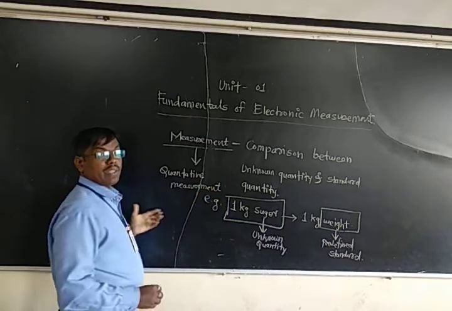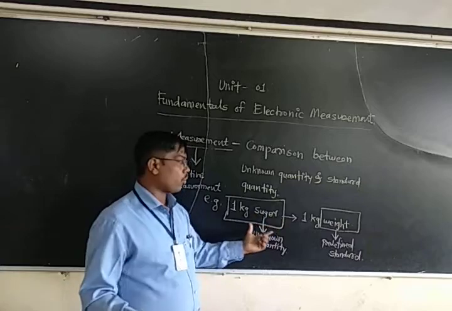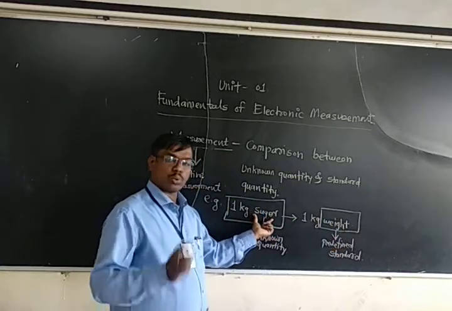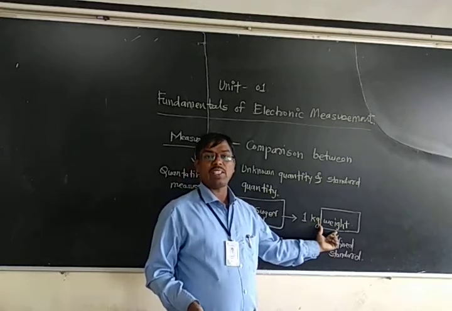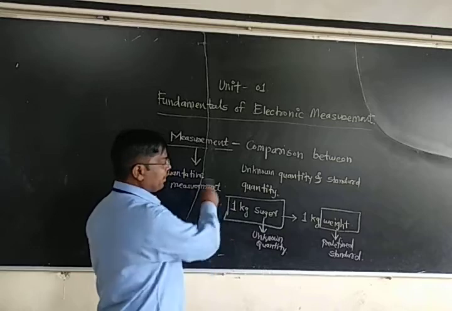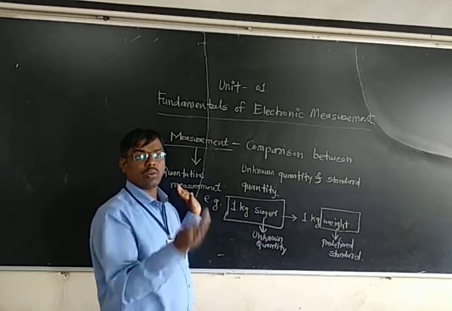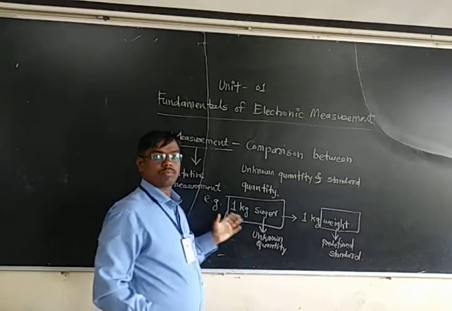Quantitative measurement means the quantity of sugar is compared with the quantity of weight, and hence we define it as a quantitative comparison. The comparison is carried out with the help of the quantity of sugar and the quantity of weight.